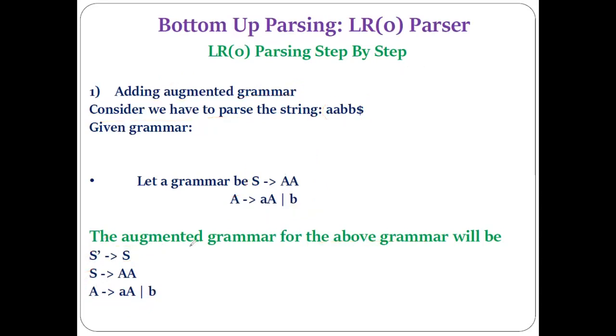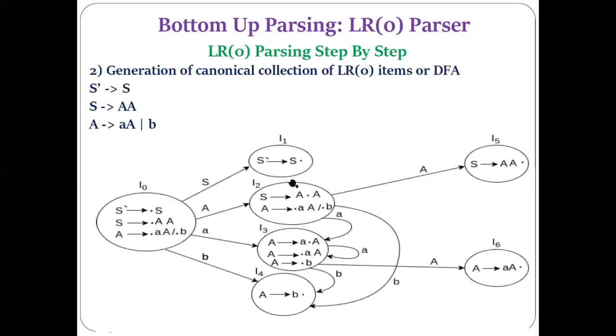Okay, now the next and most important step after getting the augmented grammar is generation of the canonical collection of LR0 items. From the first step, we have got this augmented grammar.